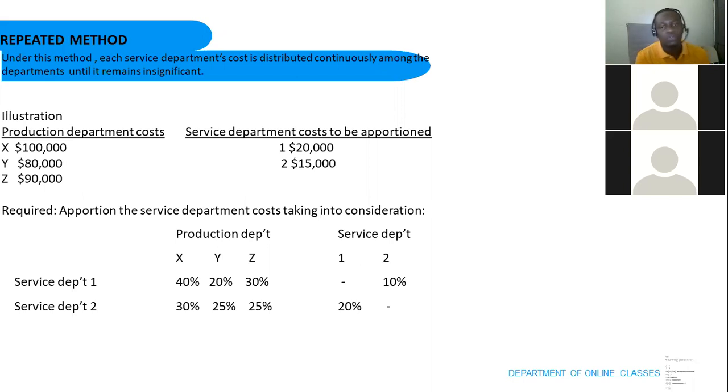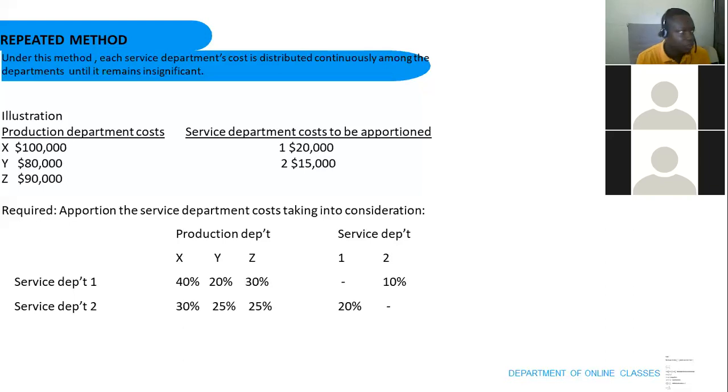All right. So first and foremost, we would like to look at what the repeated method is, or what it means, or what it is about. Now, under the repeated method, each service department cost is distributed continuously among the departments until it remains insignificant. I'm going over again. Under this method, each service department's cost is distributed continuously among the departments until it remains insignificant.